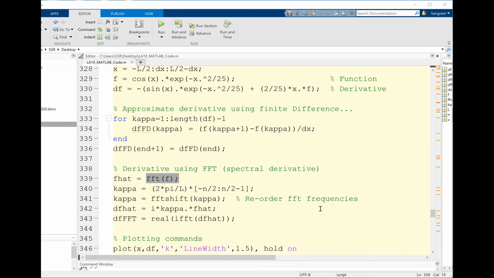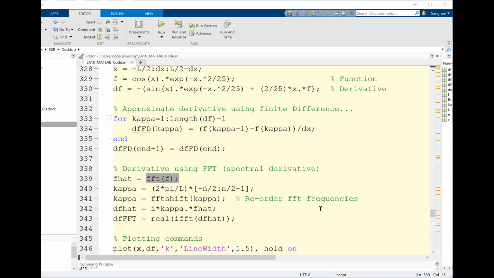But you will realize that in many, many complicated problems, when the functions are not well behaved, finite difference does not converge. It will not give you a correct derivative. But the spectral derivative will give you an accurate derivative.